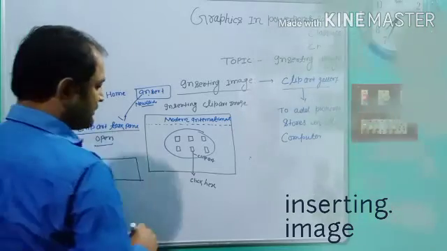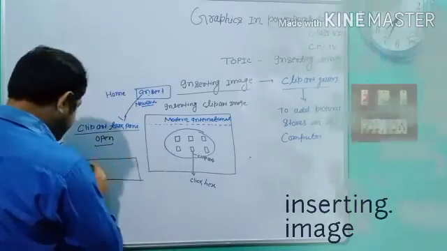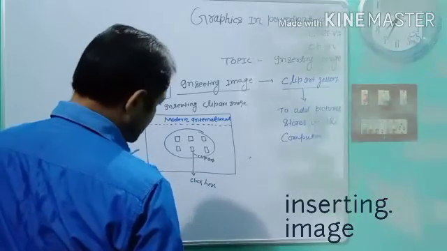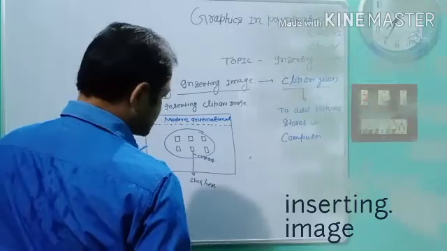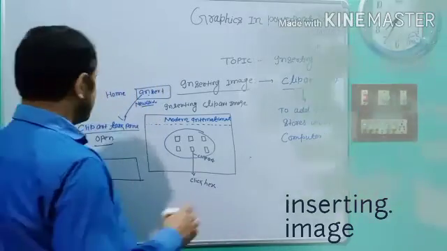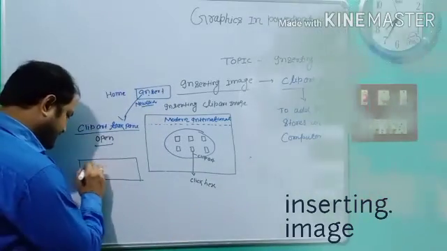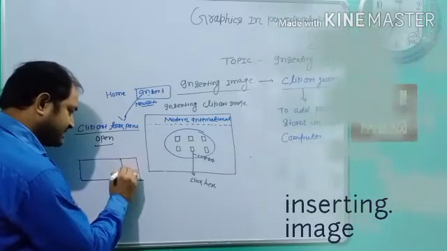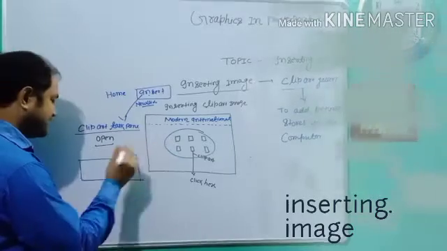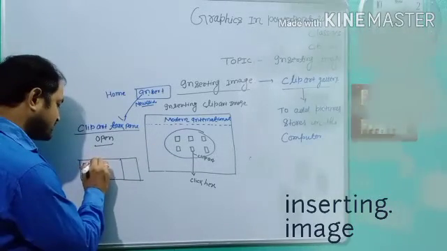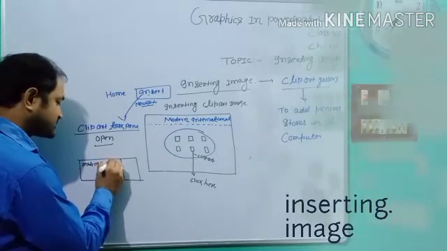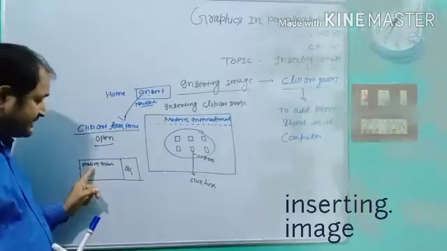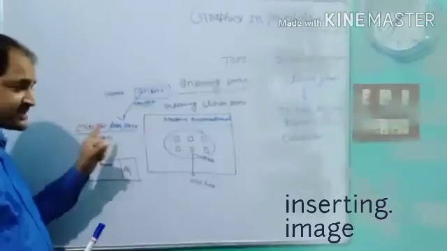This is the search box. In the search box, enter a suitable keyword to type the image. Suppose my image is Modern International School, and just click OK. Where is the image in this computer system?